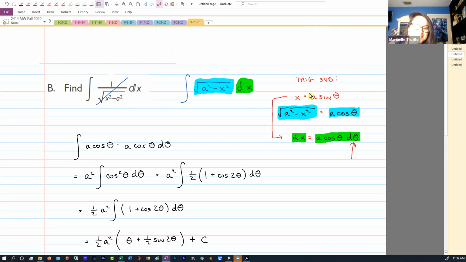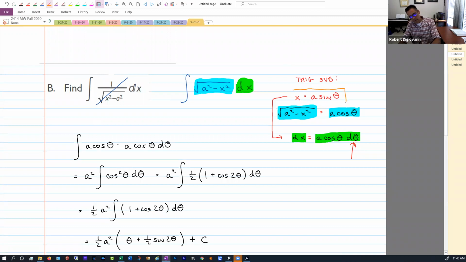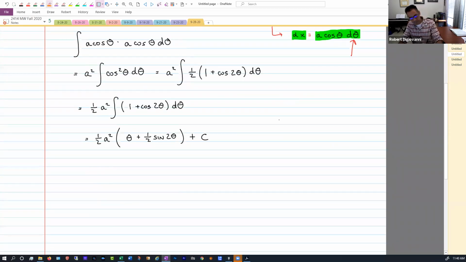Okay, so this right here is the relationship we have between x and theta, our original trigonometric substitution. So that's what I'm going to write down now. x equals a sine theta. Give me a second, everyone. I've got to calibrate my pen. It's not pointing to where I actually am on the screen. Hold on.